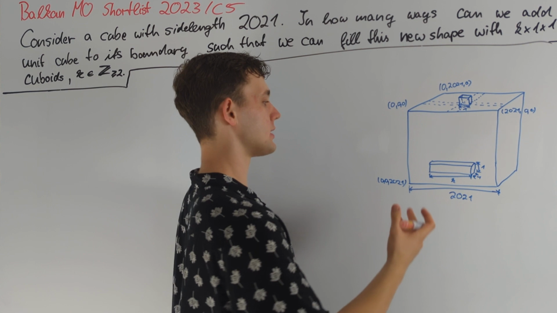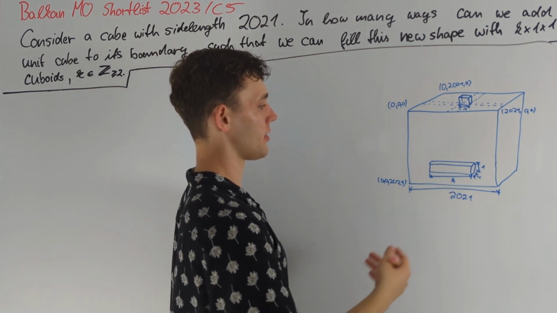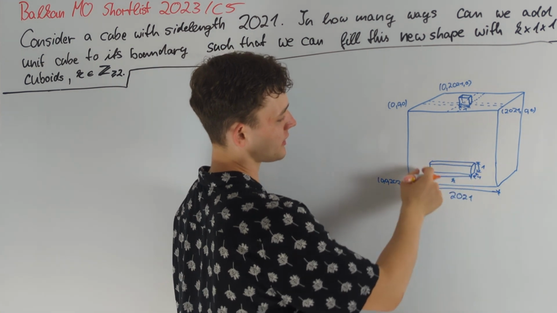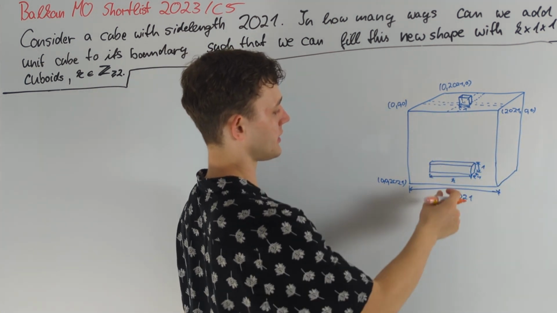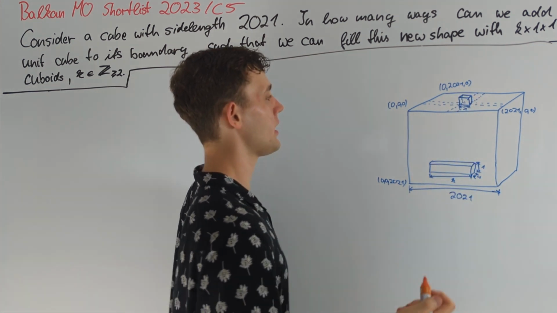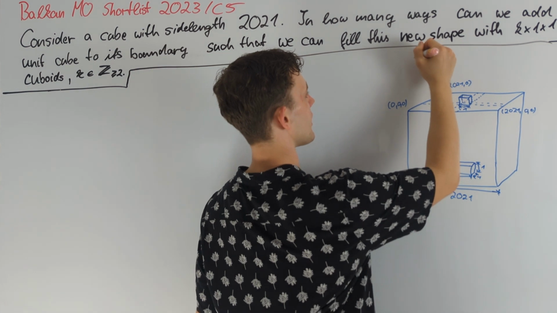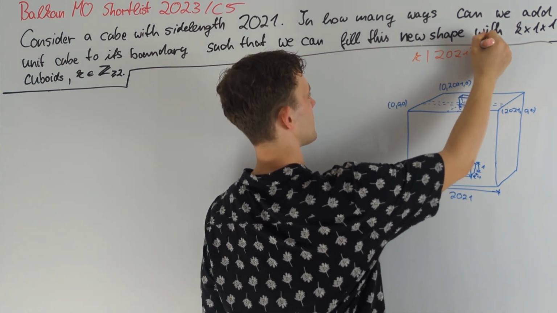At first, let us find out which values for k are possible in general. The first idea is that such a cuboid has volume k, and this entire figure has a volume of 2021 cubed plus 1, and therefore we may conclude that k must divide 2021 cubed plus 1.